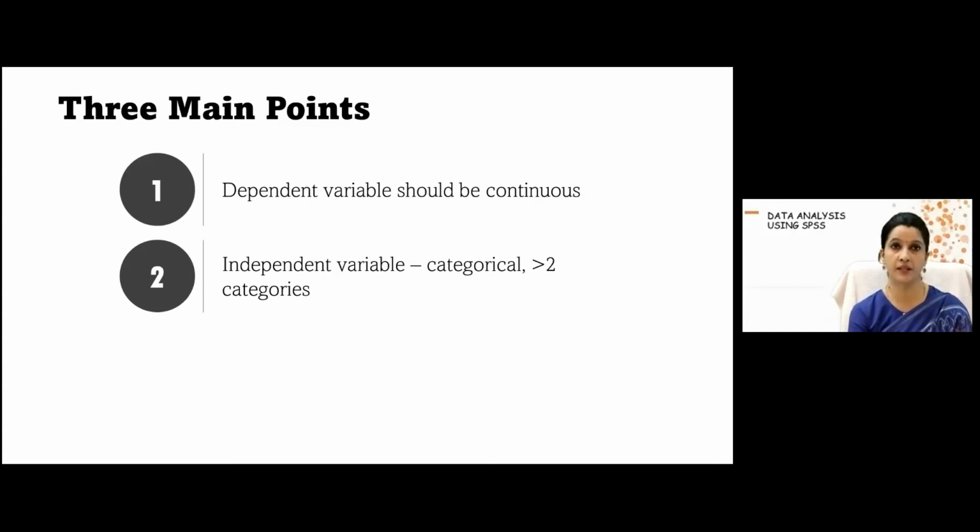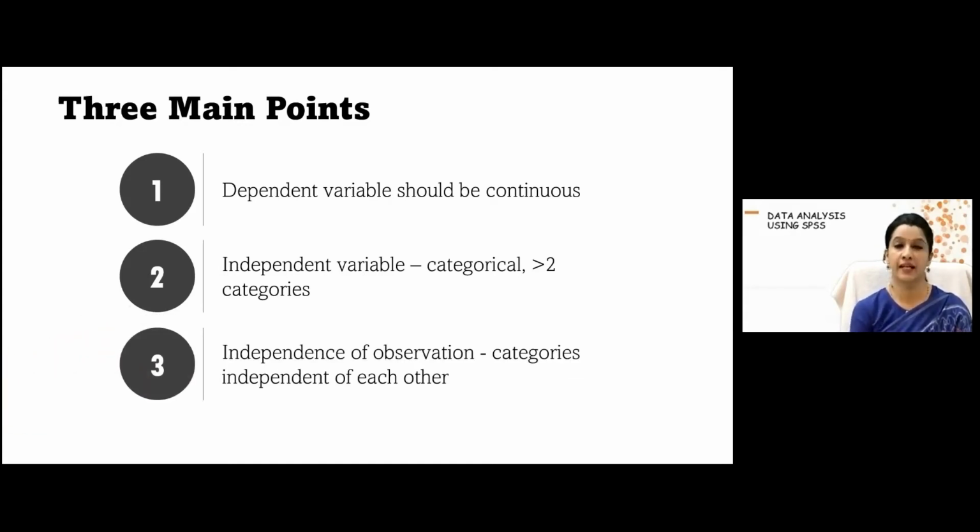The independent variable should be categorical, with more than two categories, and there should be independence of observation. I am reiterating this time and again because this is a very important difference between a paired t-test and an independent sample t-test, and between repeated measures ANOVA and one-way ANOVA.